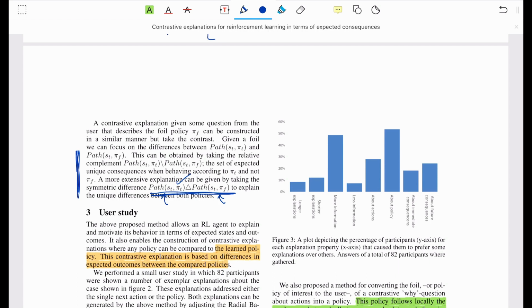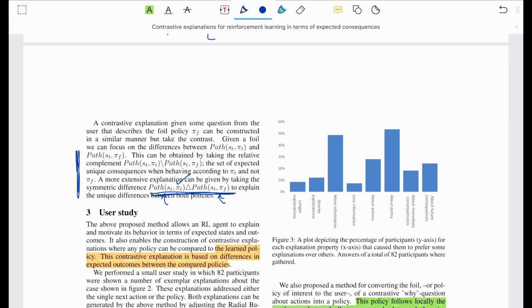Now, since what we have been given is a partial plan or an action, this work tries to approximate a policy that closely matches with what the human wants. Hence, this policy, that we can call the human policy or the foil policy, approximates the human policy in some sense.